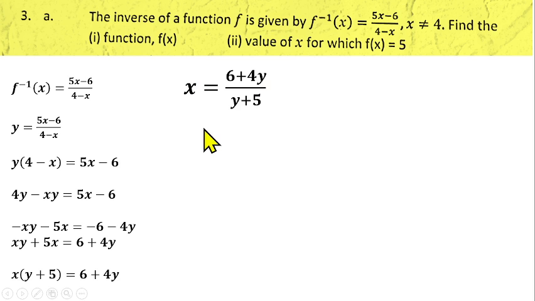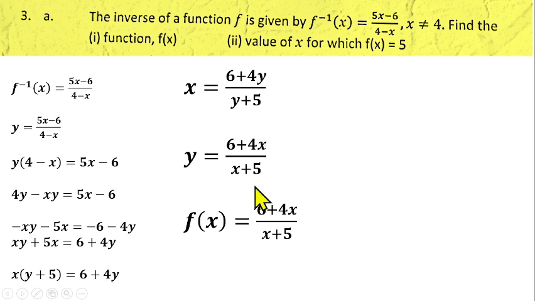So you'll have y equals 6 plus 4x over x plus 5. Now this y and this y, they are not the same thing. This y is representing the inverse of the function, but this y is representing f of x, which is the function itself. So therefore we'll have f of x equals 6 plus 4x over x plus 5.